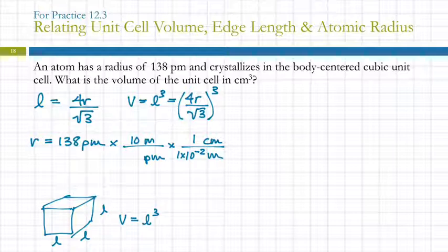It's 10 to the minus 12. So 1 picometer is 1 times 10 to the minus 12 meters. So 138 times 1 EE negative 12 divided by 1 EE negative 2 gives me 1.38 times 10 to the minus 8 centimeters.